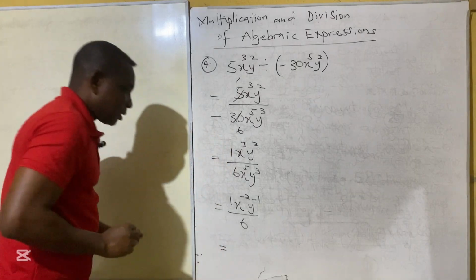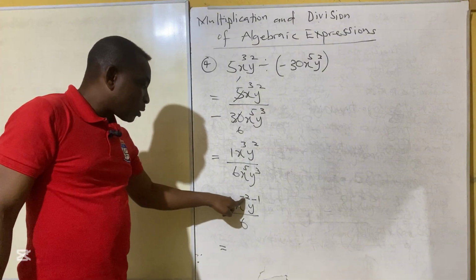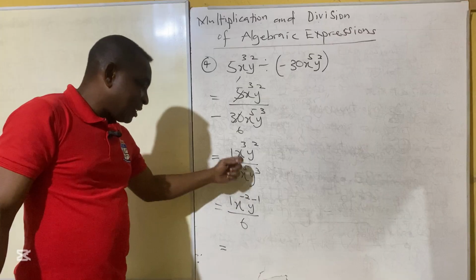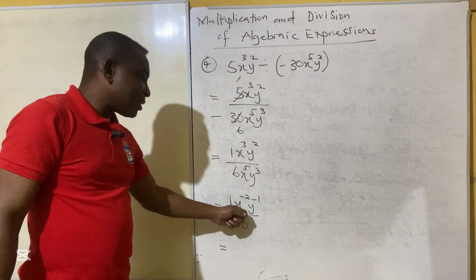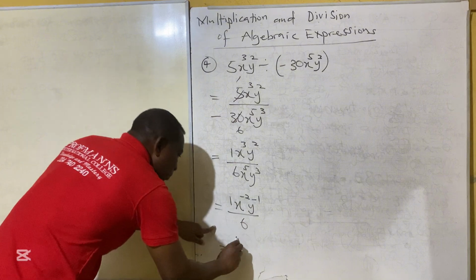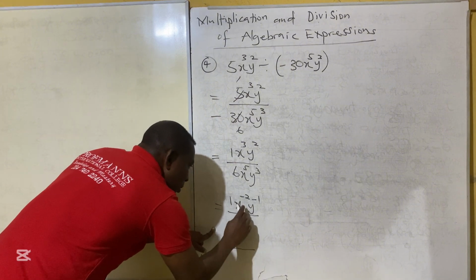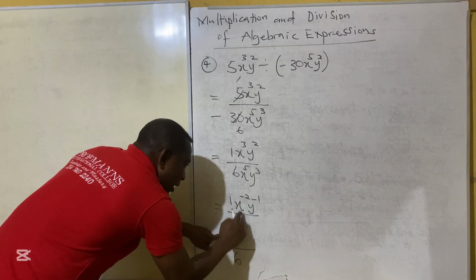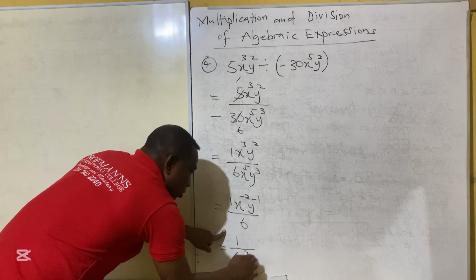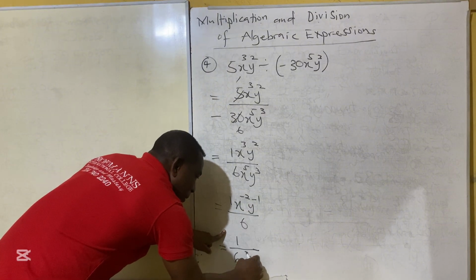Now, in indices, you don't leave your final answer with negative exponents like we have here. If it is negative, you bring it down as a denominator, and then the negative will change to positive. So it's going to be 1 over 6, and then this becomes x to the power 2, and then this, when it drops to the denominator, it becomes y to the power 1, but you don't write the 1.